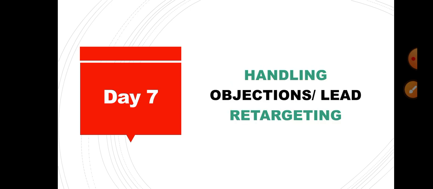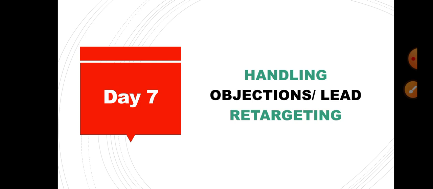Then day 7, we are going to be looking at handling objections and lead retargeting. In the course of trying to sell to these people and closing deals, some will accept, some will not. Those who do not accept, we want to find a way of marketing to them again. So what we do is to look at what their objections were, what their concern or reservation was concerning the product we pitched to them earlier.